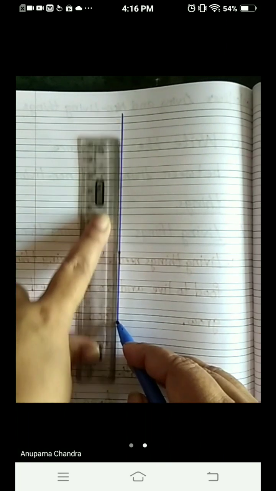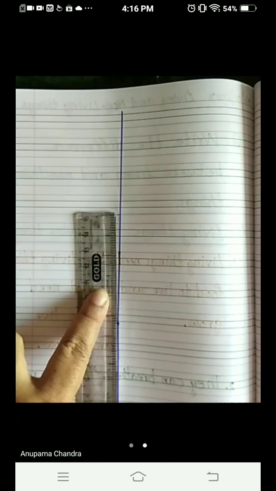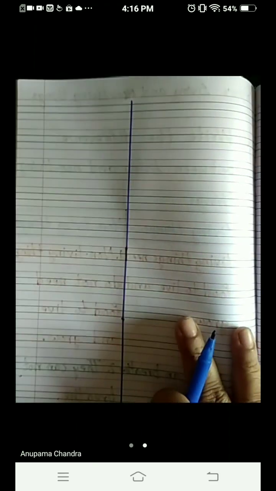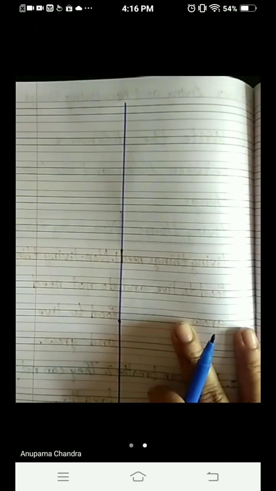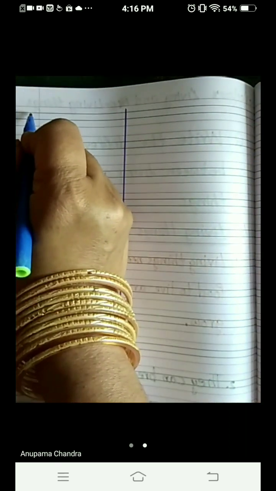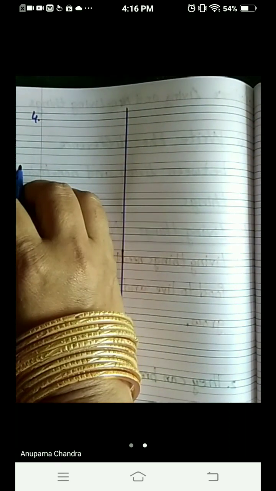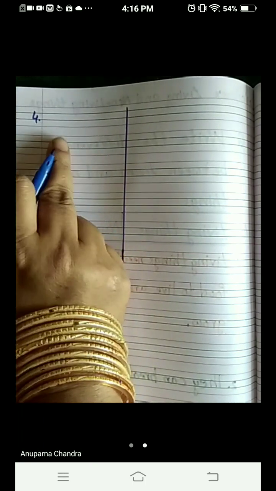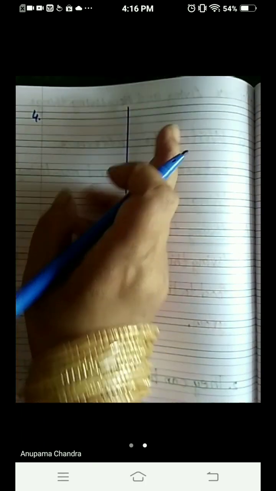Whenever you want to write the difference between two things, then you have to draw such kind of line. Okay. So here we go. Number 4: here it is living things and this side it is non-living things. Don't forget. If you want, you can write again on the top, but there is no need actually.